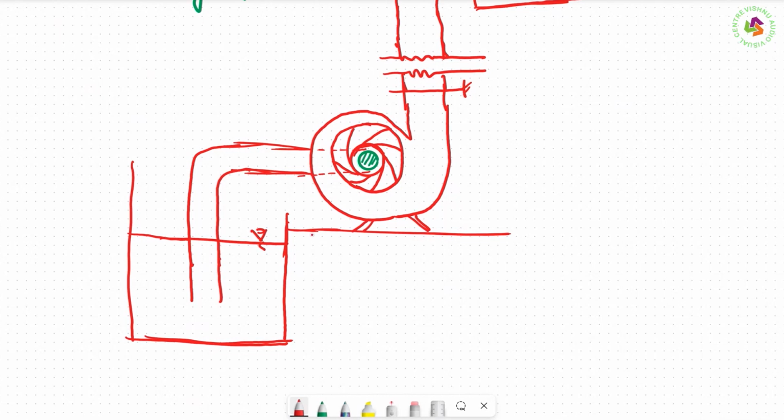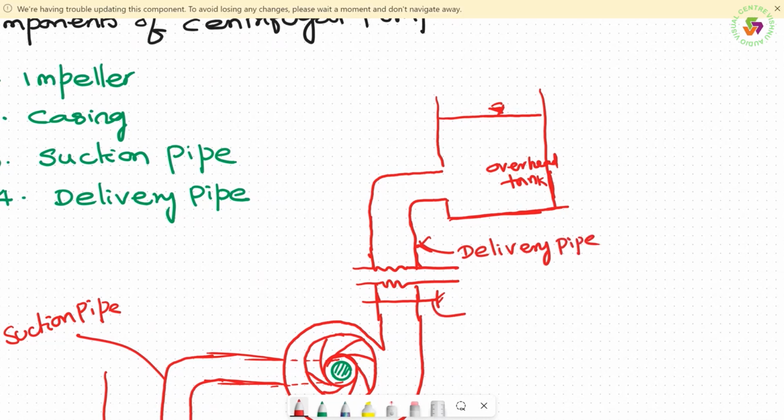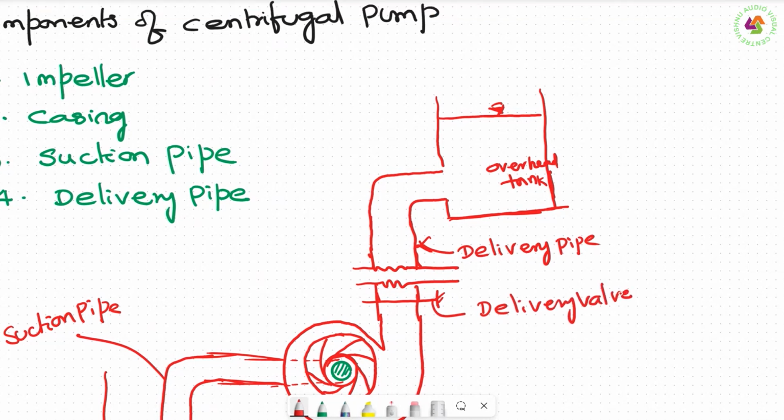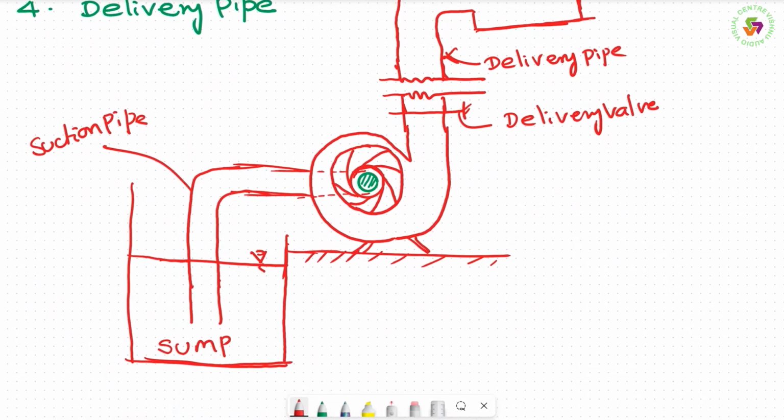So it is the ground level where the centrifugal pump is kept, and this is what we call the sump, and this pipe is called the suction pipe, and this is called the delivery pipe, and this is the delivery valve. And this is how the arrangement is.